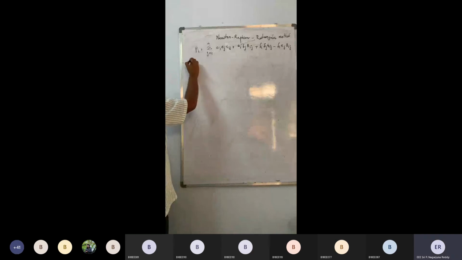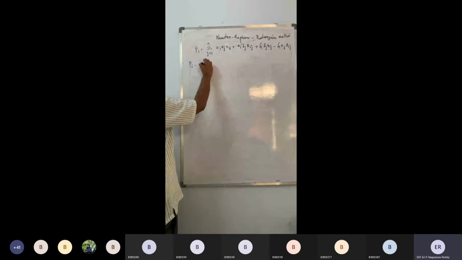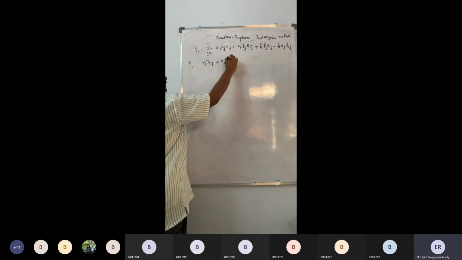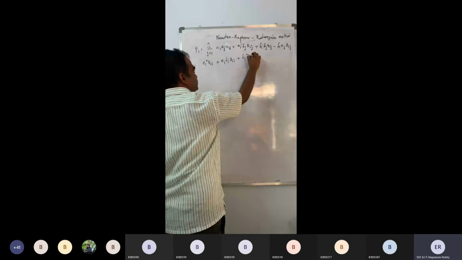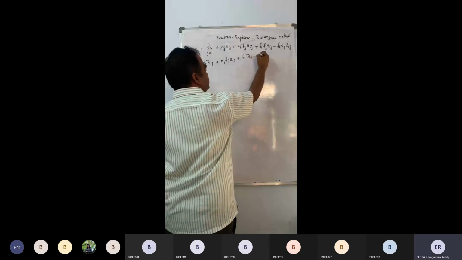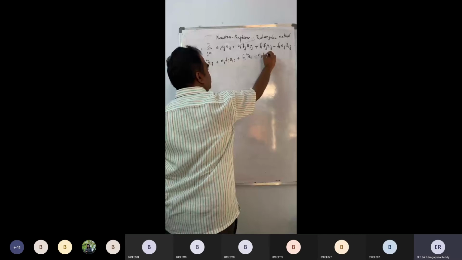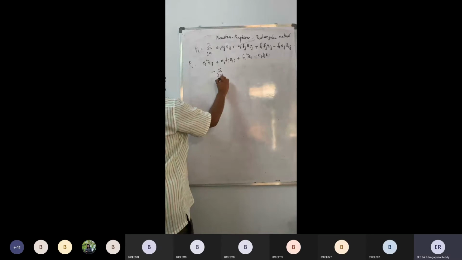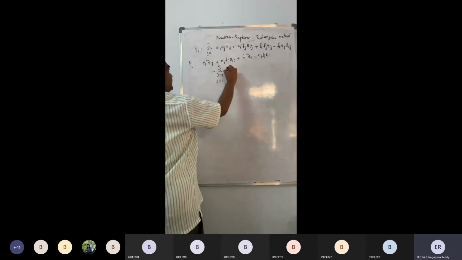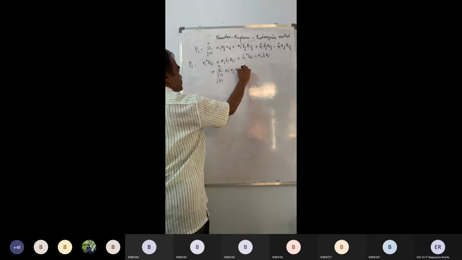I am separating the terms when j is equal to i and j is not equal to i. When j is equal to i, this will become Ei square Gii plus Ei Fi Bii plus Fi square Gii minus Ei Fi Bii plus sigma j is equal to 1, j is not equal to i, n. This expression remains the same.